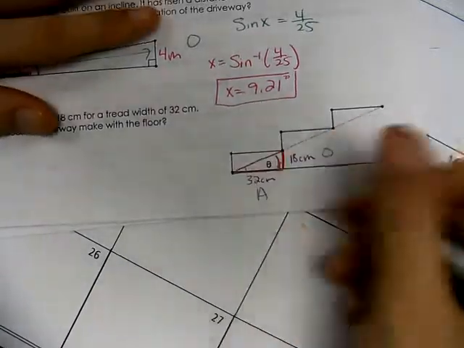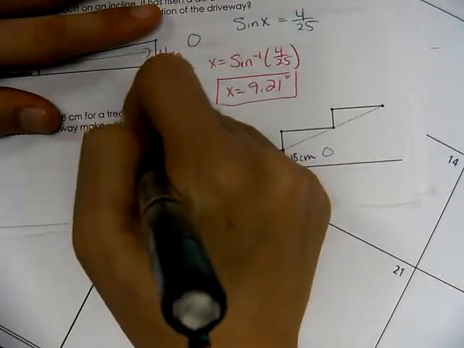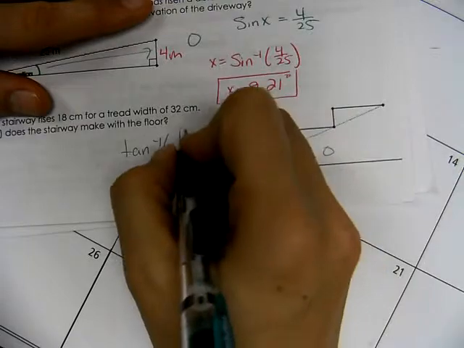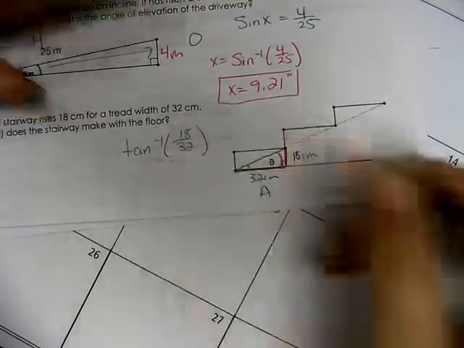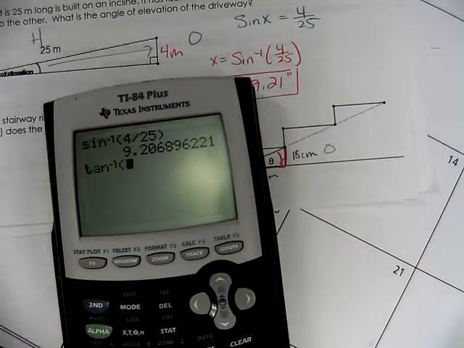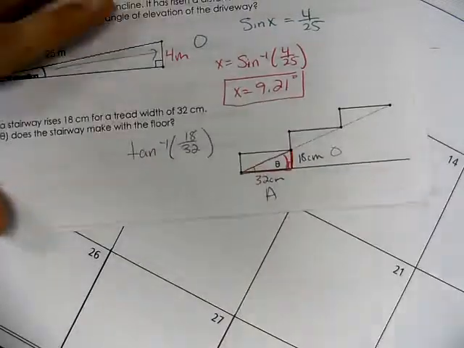Tan. But I'm finding an angle, so I'm going to use inverse tan. O over A. 18 over 32. So 29.36 degrees.